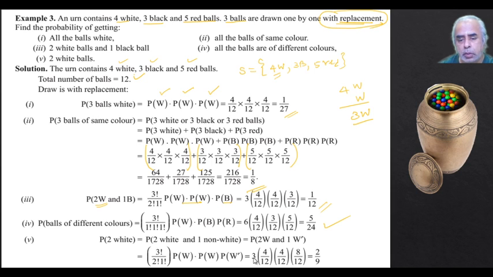So this is 3 into 4 by 12, 4 by 12, and for not taking white: the total number of balls is 12, and not white means the remaining apart from 4, so 3 plus 5, that is 8. So I consider 8 by 12, and the final answer is 2 by 9.